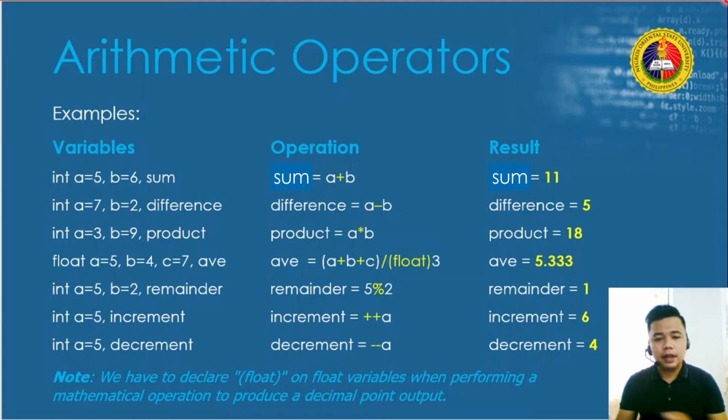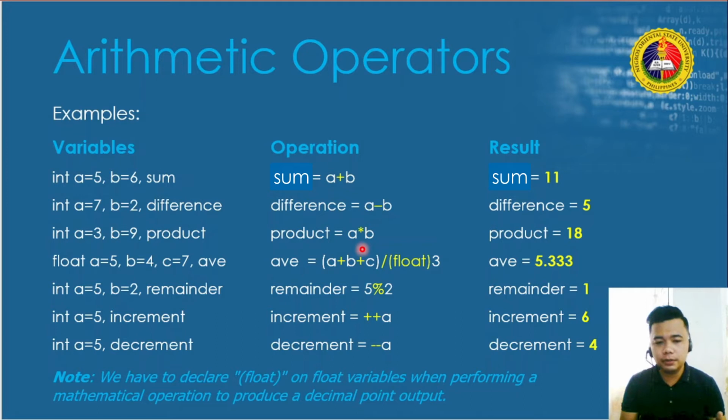Now, if we don't put the parentheses, what is going to happen is that the division will begin first. So basically, if we remove the parentheses, a plus b plus c divided by 3, the c divided by 3 will be performed first, followed by a plus b.